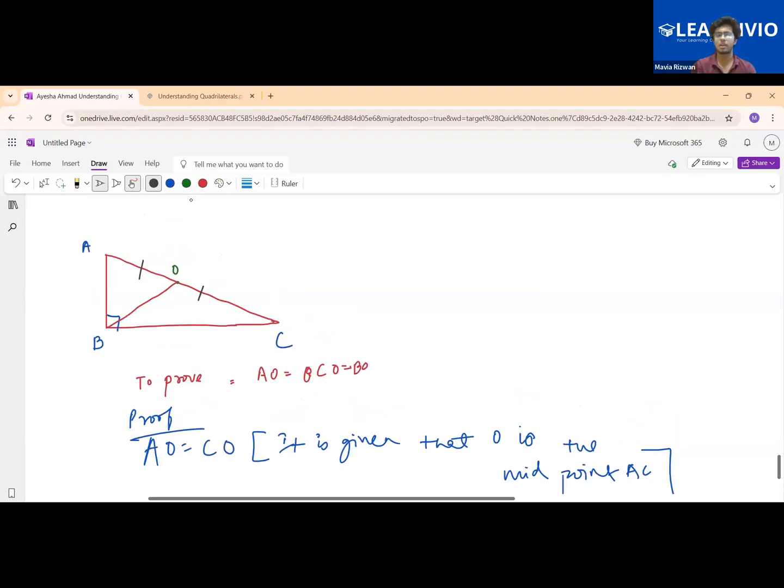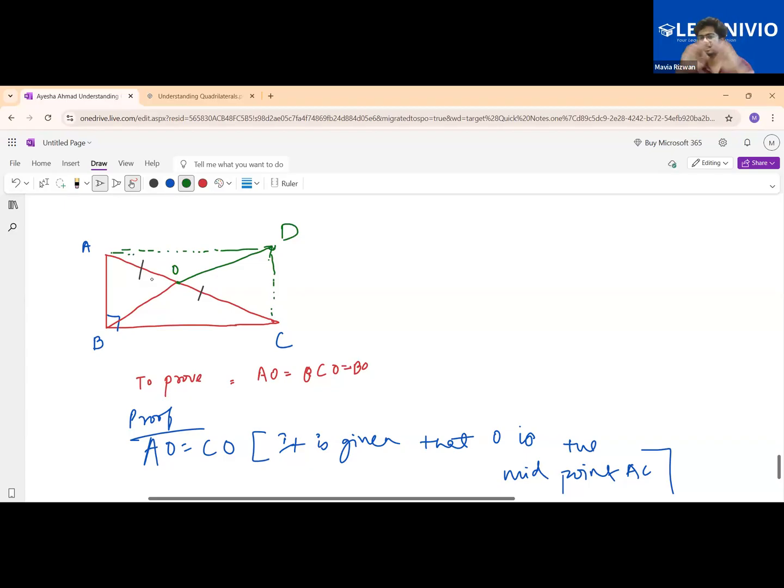Now, Aisha, what I'm going to do is construct another figure. I'm going to extend A to a point and C to a point D, such that this makes a rectangle.